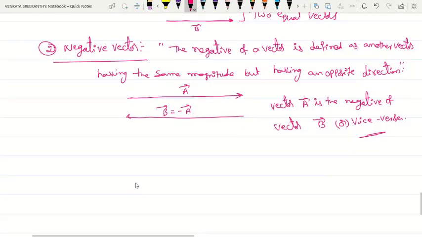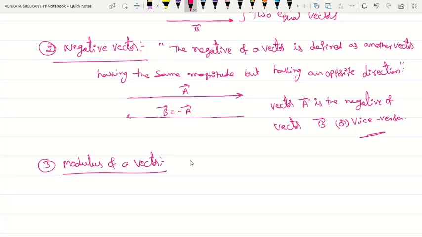Okay, my dear students, one more important point, please concentrate. The third one is the modulus of a vector. What is the modulus of a vector? Already explained, the magnitude of the vector is always represented by the absolute value of the vector.